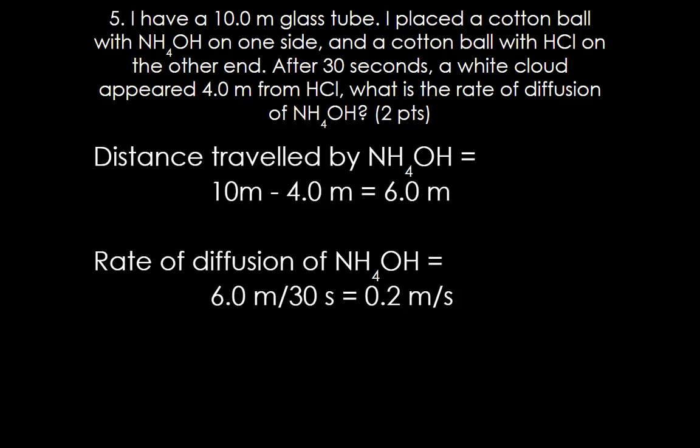The first thing you have to compute is the distance traveled by ammonium hydroxide, which is 10 meters, the length of the glass tube, minus 4 meters, the distance traveled by hydrochloric acid. What you'll have left is 6 meters. Thus, the rate of diffusion of ammonium hydroxide would be 6 meters divided by the time elapsed, which is 30 seconds, and there you will have 0.2 meters per second.